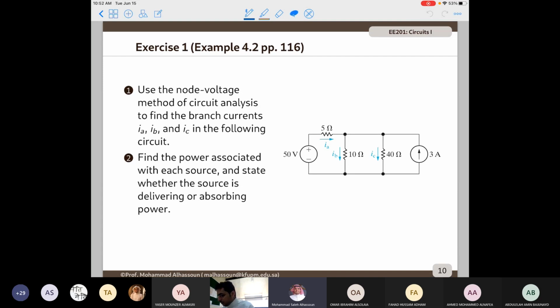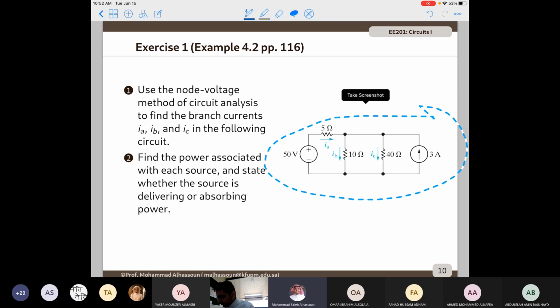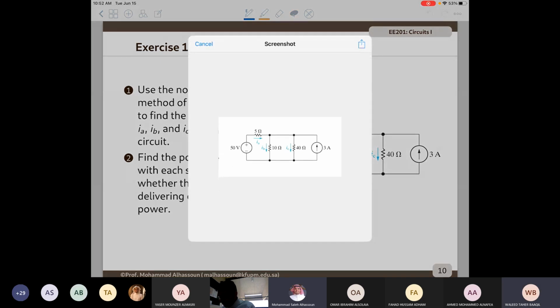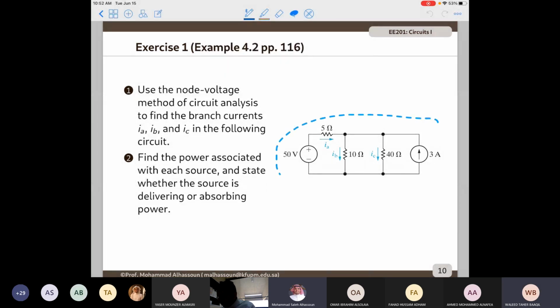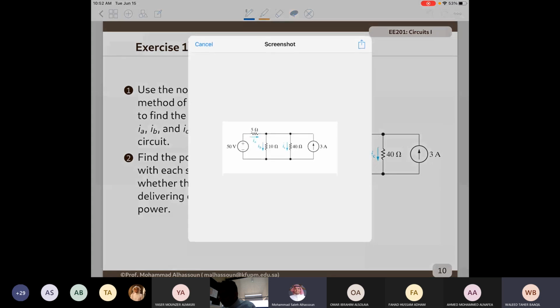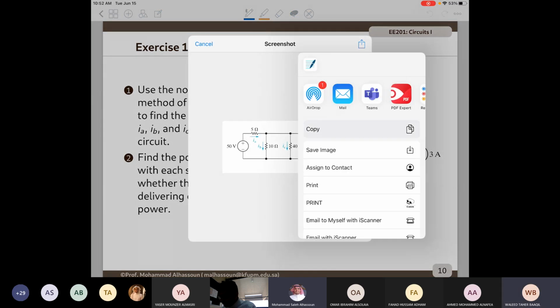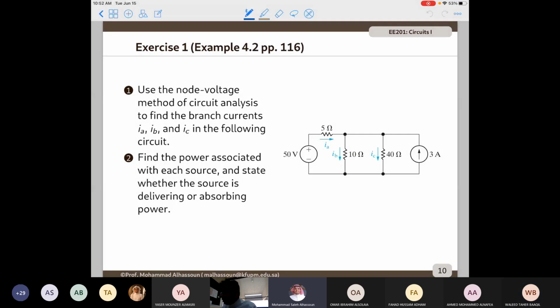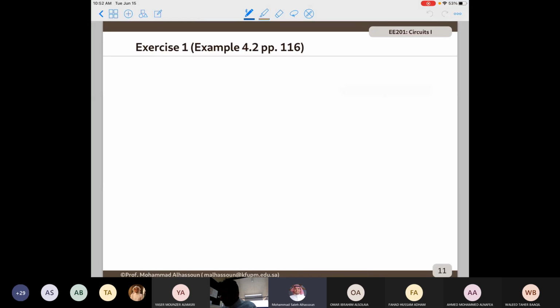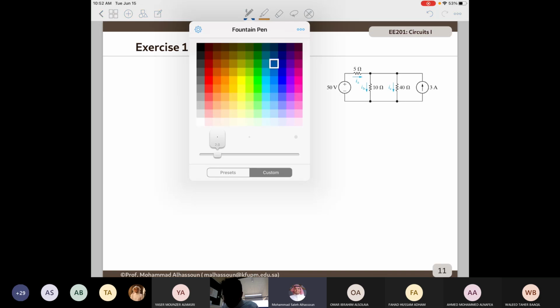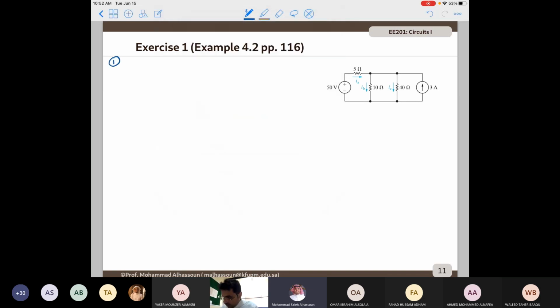Okay, what will be the first step, Walid? Yes, first we count the essential nodes. Okay, the circuit has two.